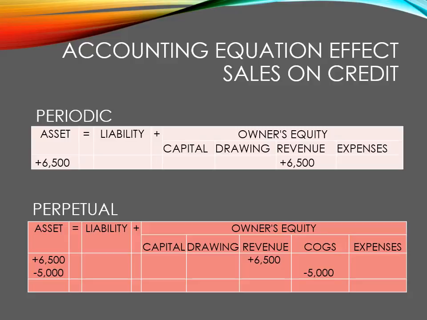For example, we assume the cost of inventory is 5,000 ringgit. So you need another column under the owner's equity, the cost of goods sold. You will deduct that 5,000 ringgit in that column, because the cost of goods sold is more or less similar to the expenses that will reduce the owner's equity whenever there is an increase in cost of goods sold.